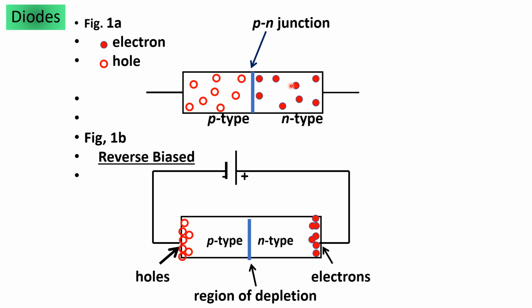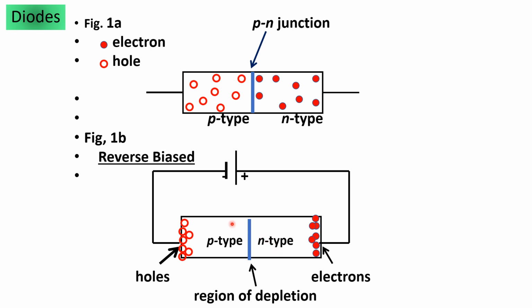Now, when this diode is connected to a battery, such as what is shown in figure 1b, the p-type is connected to the negative terminal of the battery, while the n-type material is connected to the positive terminal. So there is now an electric field established across the diode.